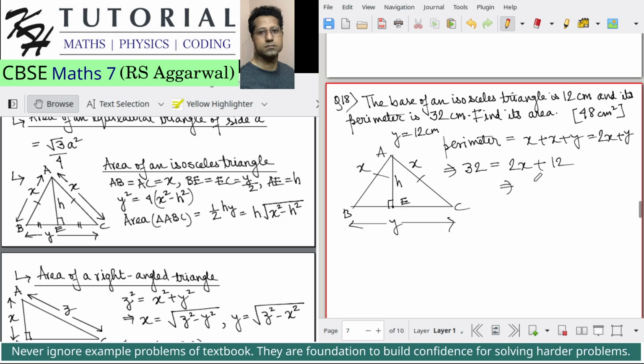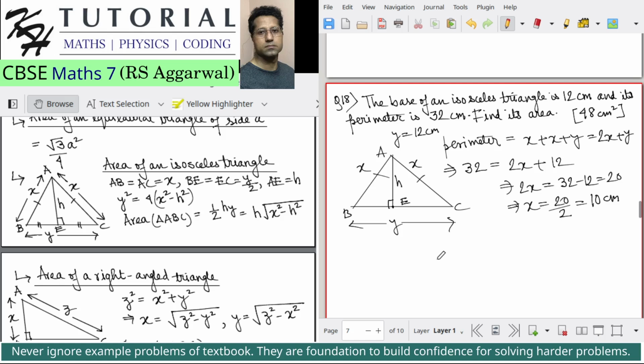From here we can find out the length of each equal side of the isosceles triangle. 2x will be equal to 32 minus 12, which is 20. This implies x is equal to 20 by 2, which is equal to 10 centimeter. So x is 10 centimeter.